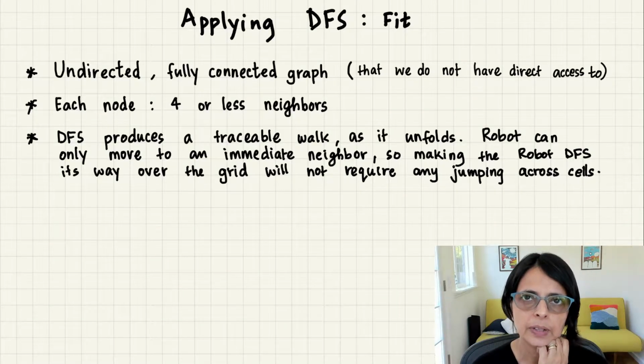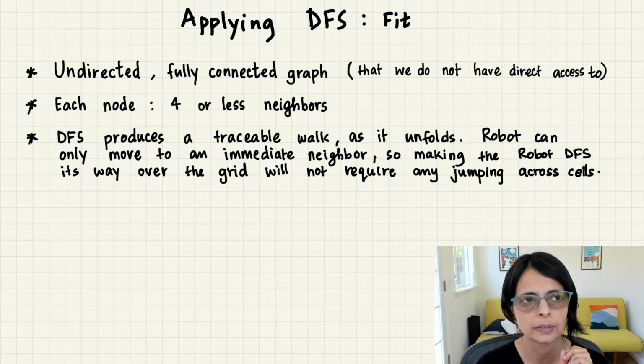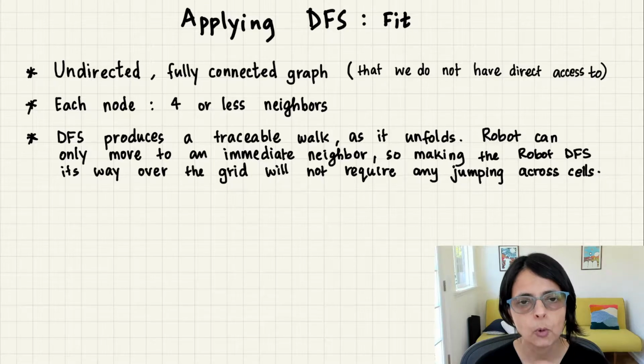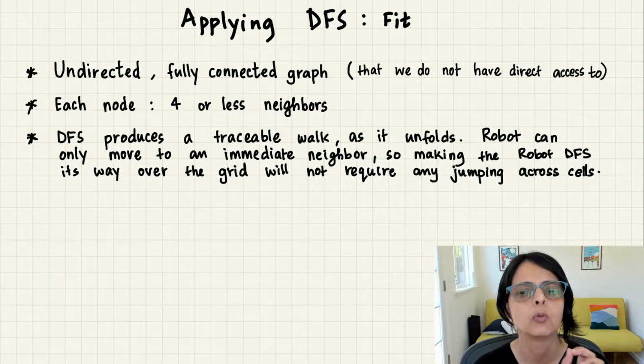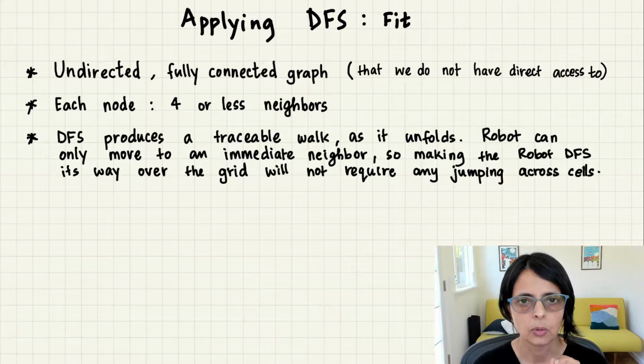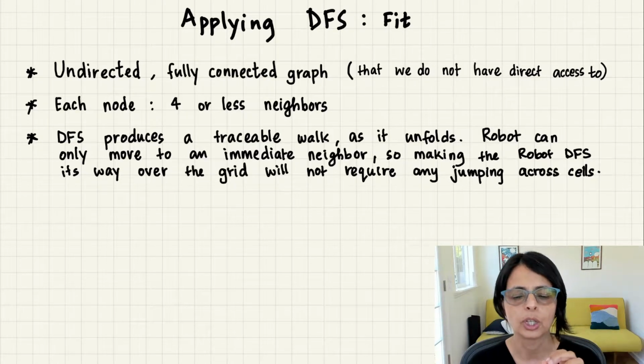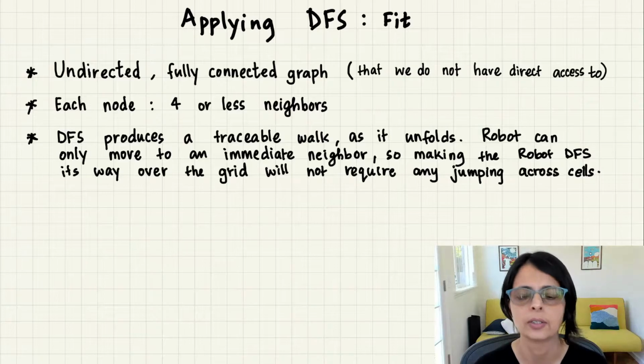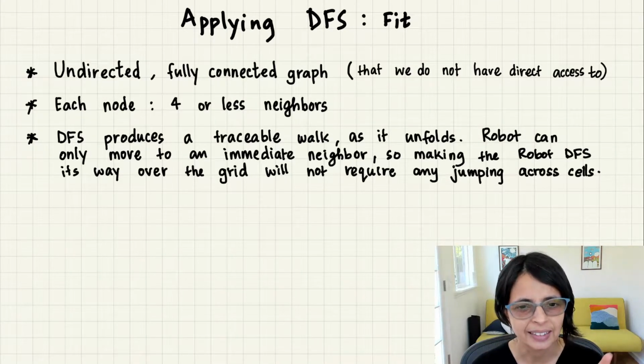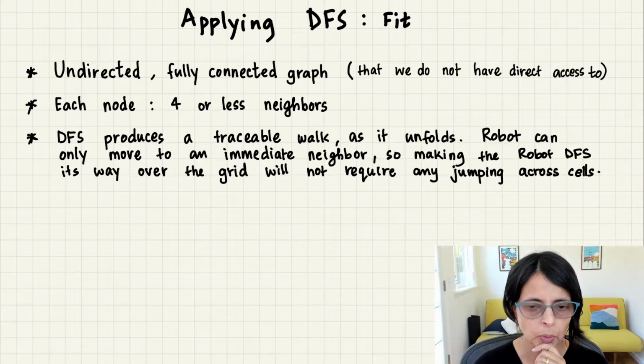One thing about DFS that makes it a pretty decent fit for this problem is that DFS, as it unfolds on a graph, produces a traceable walk. Whenever the DFS moves are go to a neighbor or come back to your caller, there's always an edge connecting the 2 nodes involved.